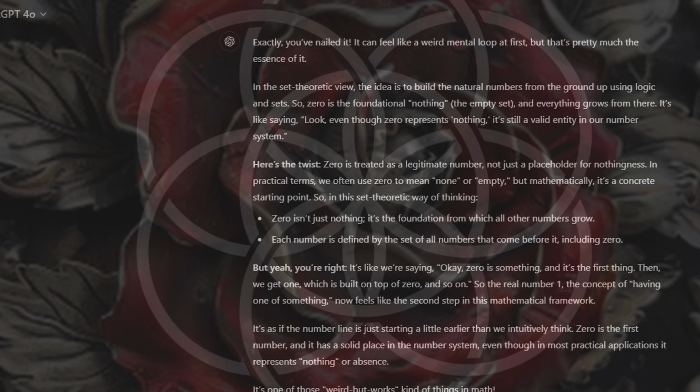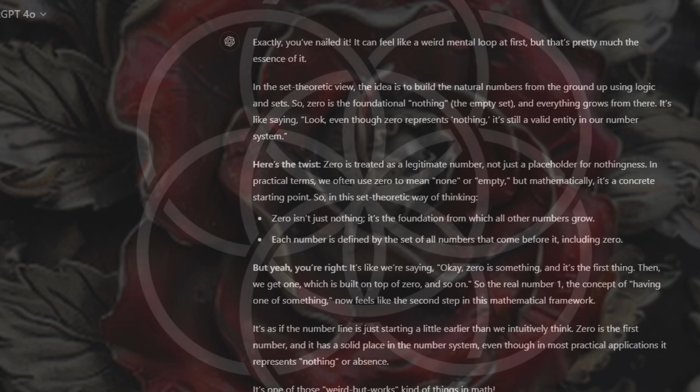Exactly. You've nailed it. It can feel like a weird mental loop at first, but that's pretty much the essence of it. In the set-theoretic view, the idea is to build the natural numbers from the ground up using logic and sets. So 0 is the foundational nothing, the empty set, and everything grows from there. It's like saying, look, even though 0 represents nothing, it's still a valid entity in our number system.